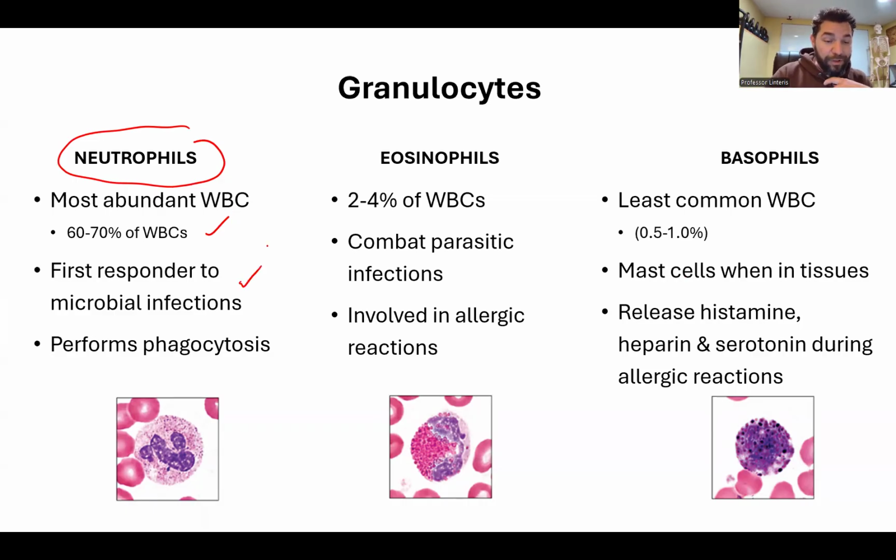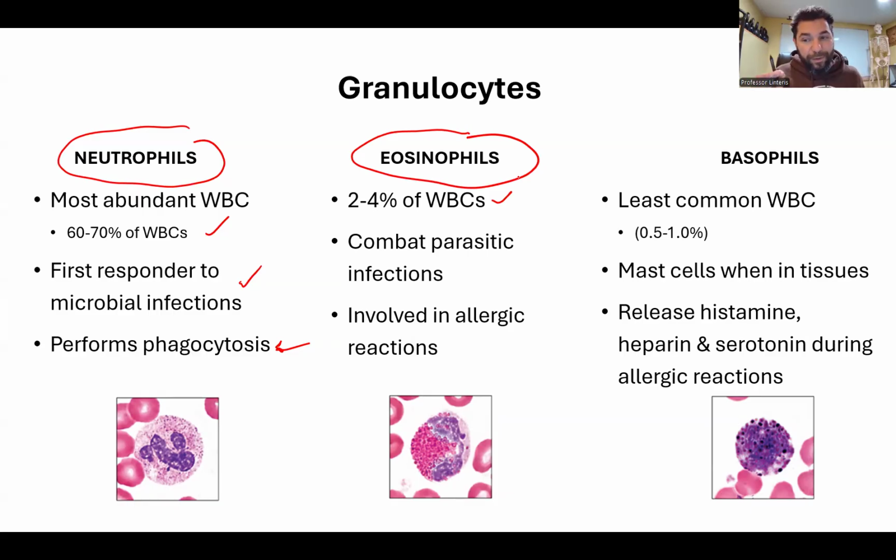They are usually, because of their number, the first responders to any type of infection site. And they're pretty good at doing phagocytosis, which we've talked about at the beginning of the semester. Basically, these white blood cells can come over, and we'll look at the process probably in the next section, and engulf bacteria via specific mechanisms.